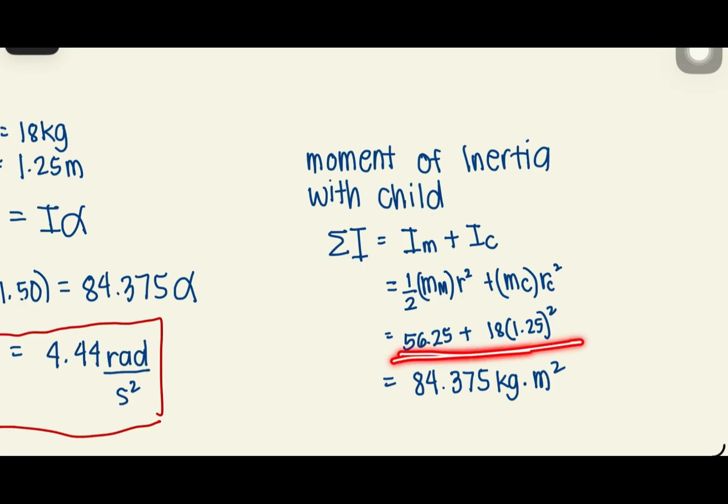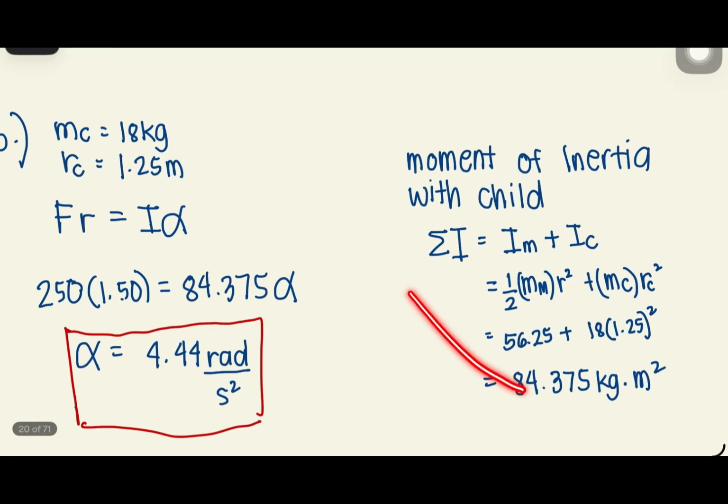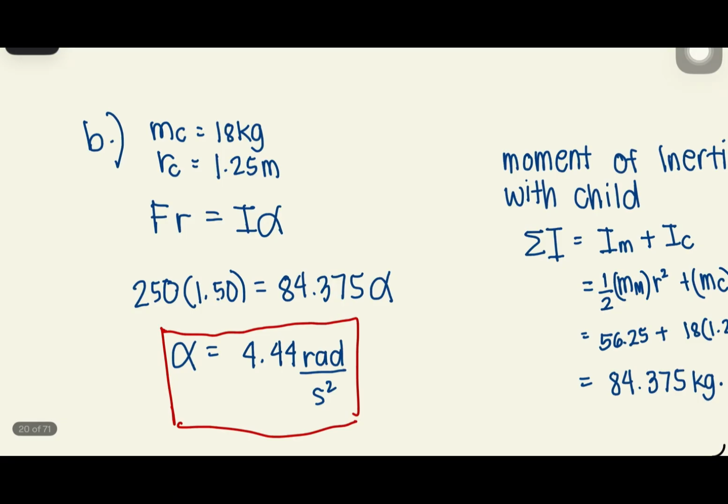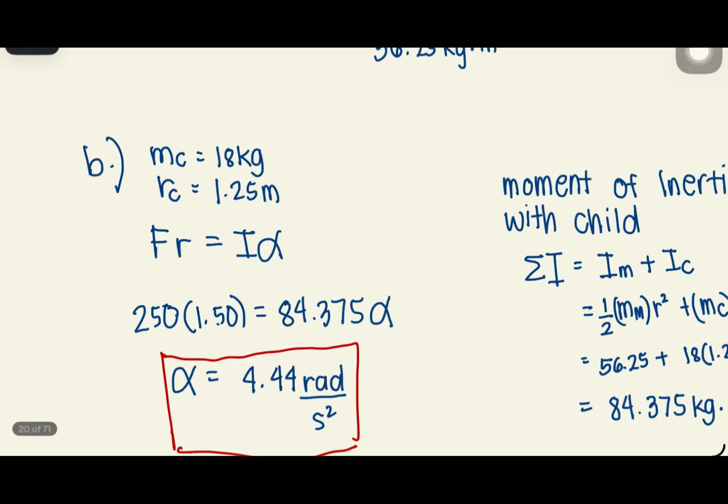Getting the sum of this equation, makukuha natin yung summation ng I equals 84.375 kilogram meter squared. Now back to our equation. Ito na yung mga variables natin. Yung only unknown na lang is the alpha.